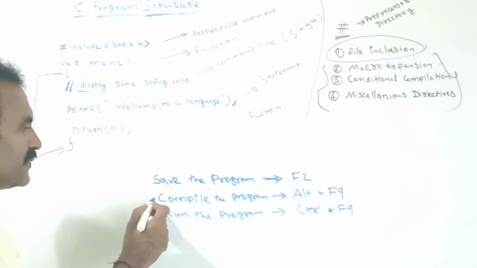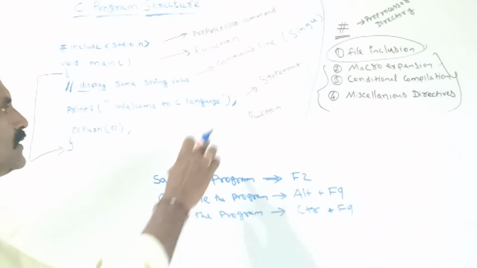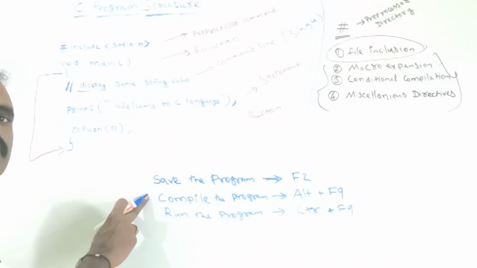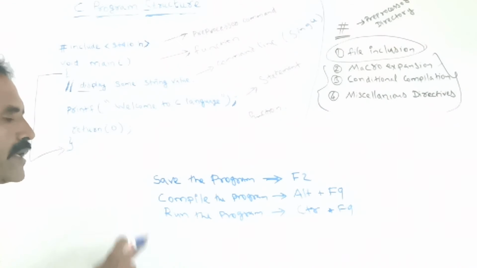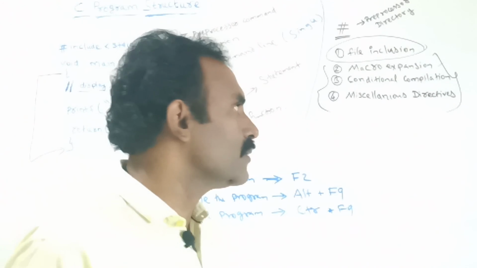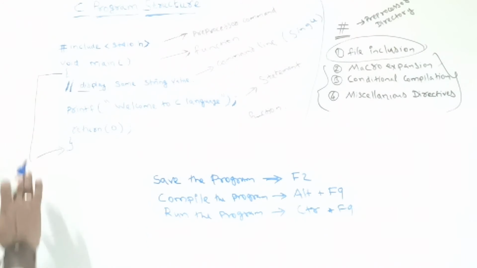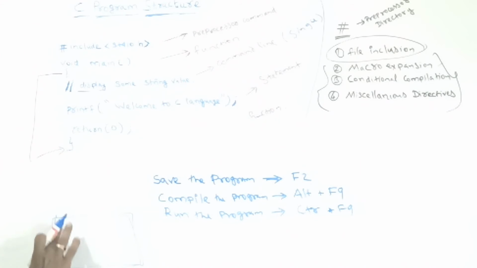Here in this step, if there is any error, it will show the error. If there is no error, zero errors, we can run the program, that is execute the program. Suppose we are executing this program, what will be the output? The output display screen will look like this: welcome to C language.